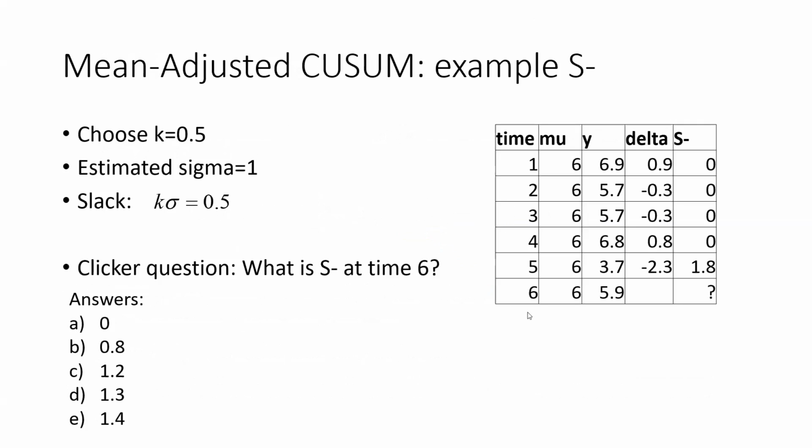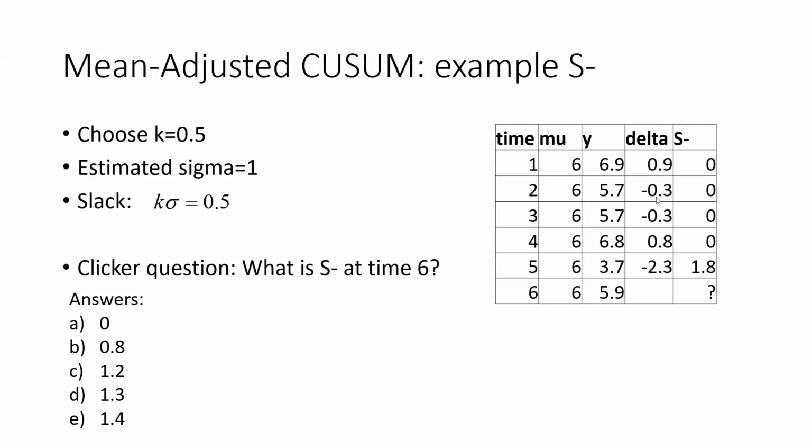Here is the same example as before. We still use a slack of 0.5. And so we subtract that, but we first have to flip the sign of the delta. So 0.9 is minus 0.9. We subtract 0.5, then we are at minus 1.4, but we can't be below 0, so it's 0.